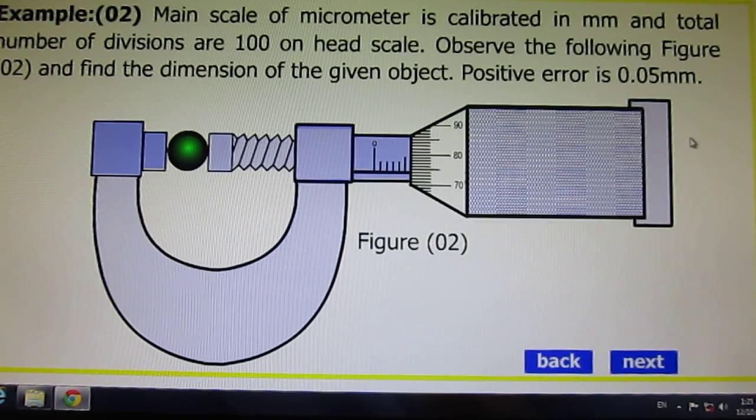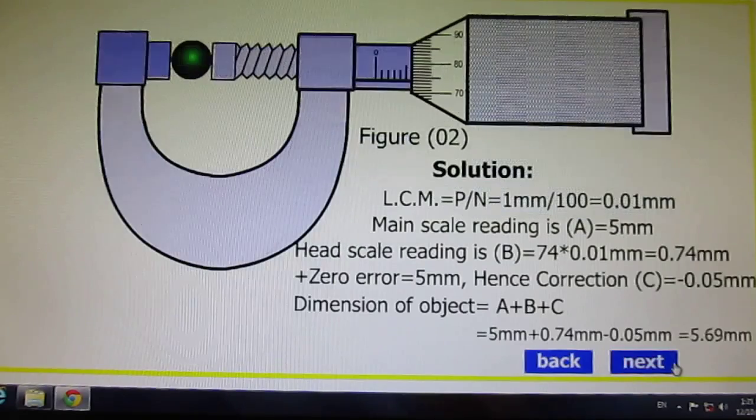In this example we have to take care of the positive error of 0.05 millimeter. Let us calculate. First of all the least count is 0.01 millimeter. The reading is 5 millimeter, complete measurement, and the 74th division is aligned with this baseline.